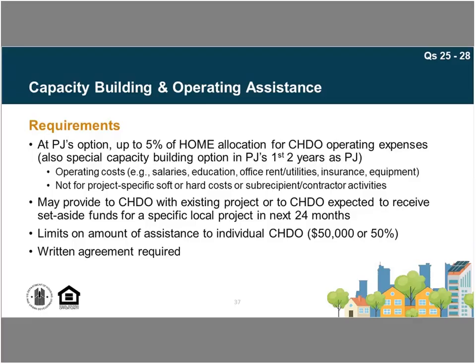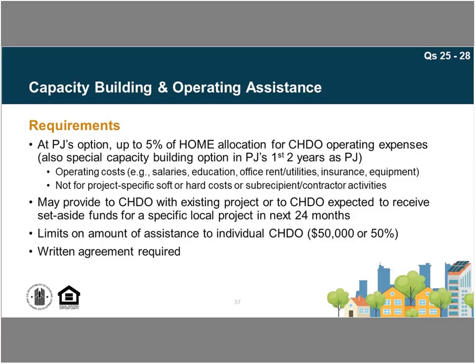So the first thing we're going to talk about is the ability for the PJ to provide capacity building and operating assistance. We've had a lot of questions about what to do if I don't have a CHDO, or if I have a CHDO that doesn't have capacity.